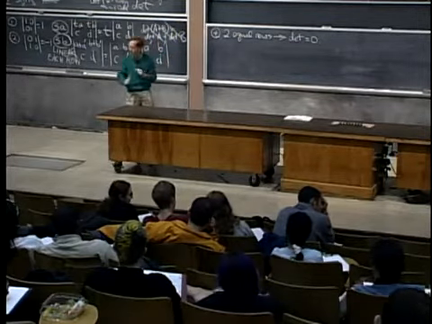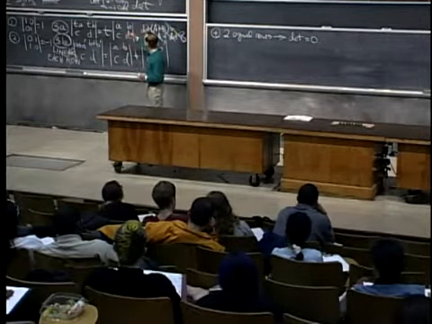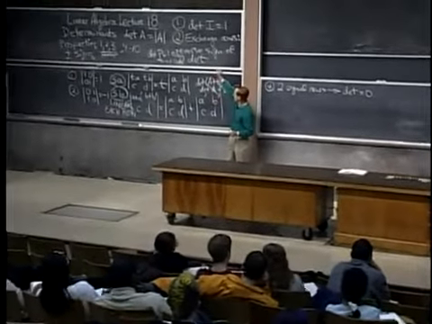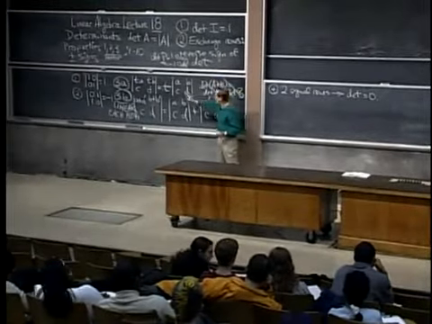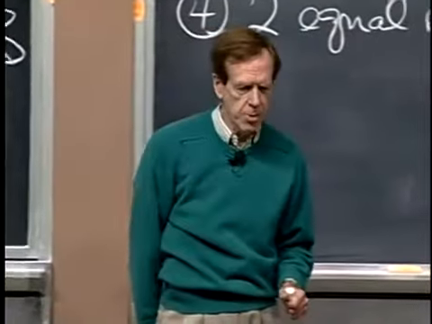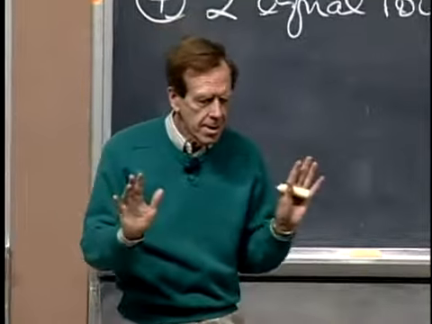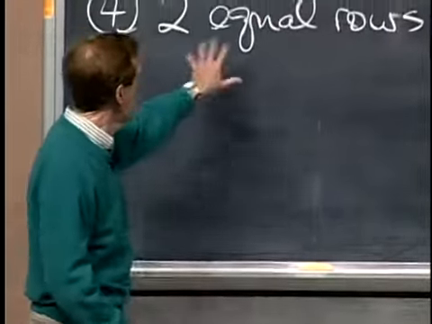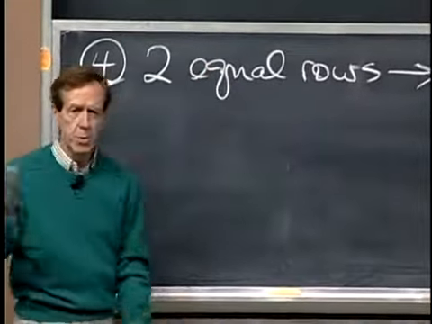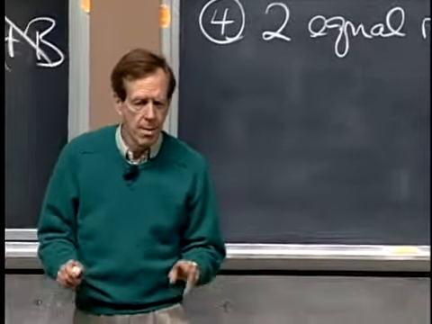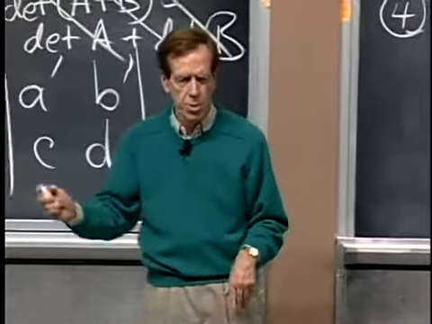And all I have to work with is these properties: the exchange property, which flips the sign, and the linearity property, which works in each row separately. Okay. Can you see the reason? How do I get this one out of properties 1, 2, 3? Because that's all I have to work with. Everything has to come from properties 1, 2, 3.